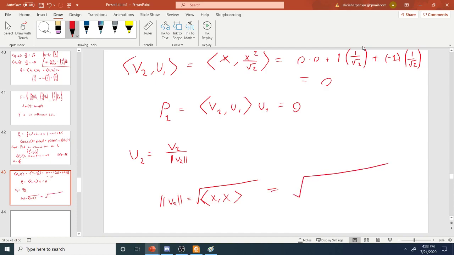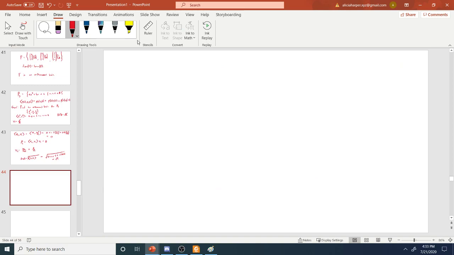So this is the same as 0 times 0 plus 1 times 1 plus negative 1 times negative 1. And so this just ends up being equal to the square root of 2. So u2 here ends up being x divided by the square root of 2. So now I have found u2 and it remains to find u3.